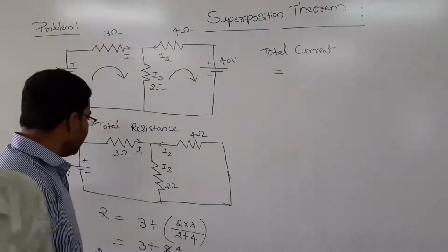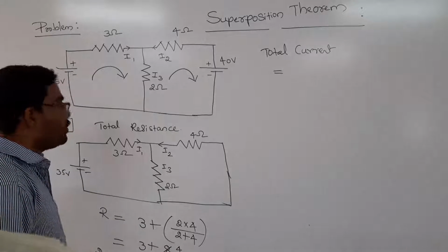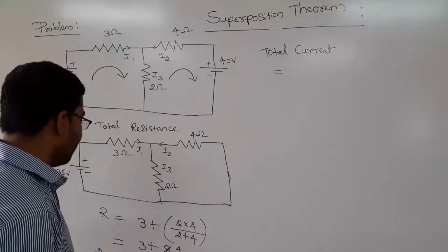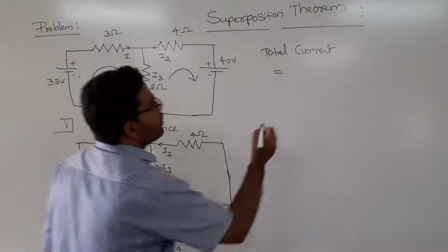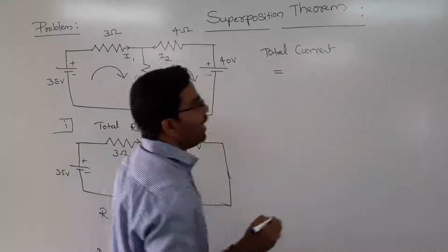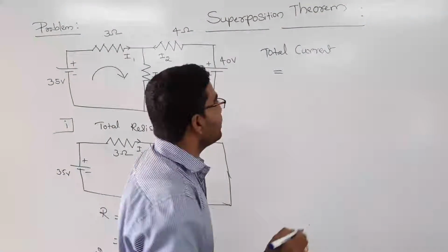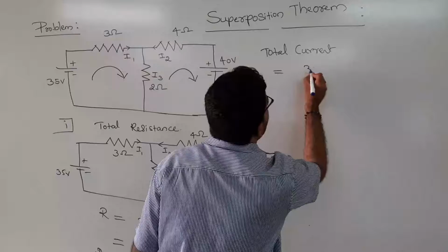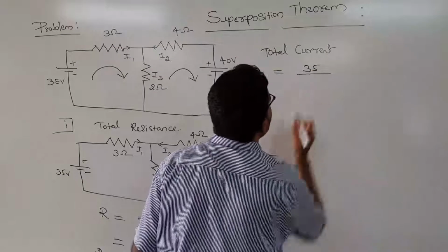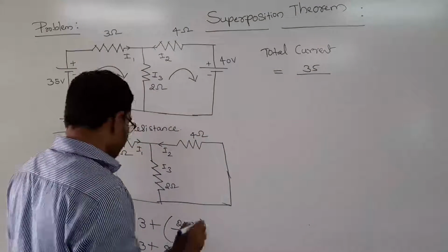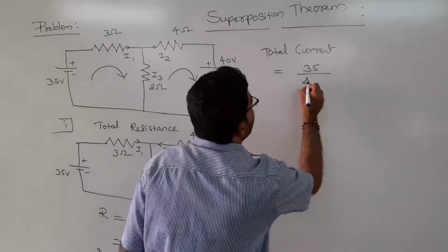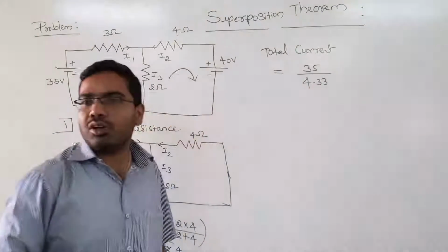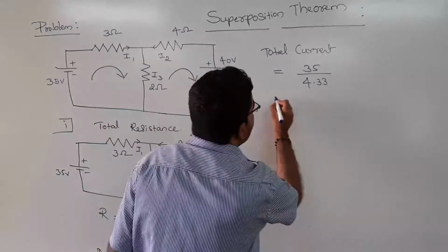For total current, I have to consider the voltage value as well as resistance. So the current formula is I equal to V by R. What is the voltage value I have? 35 volt divided by resistance 4.33.